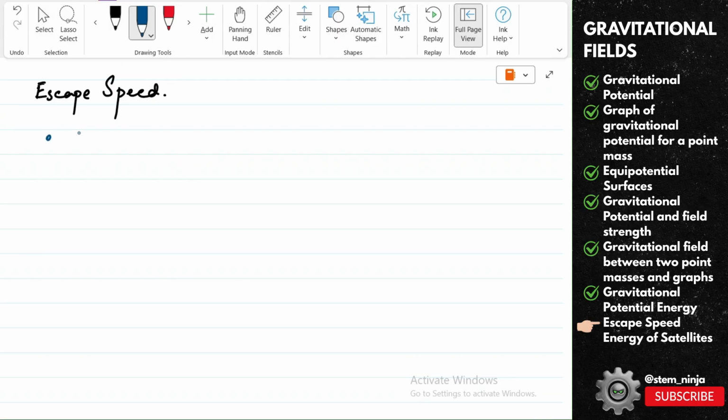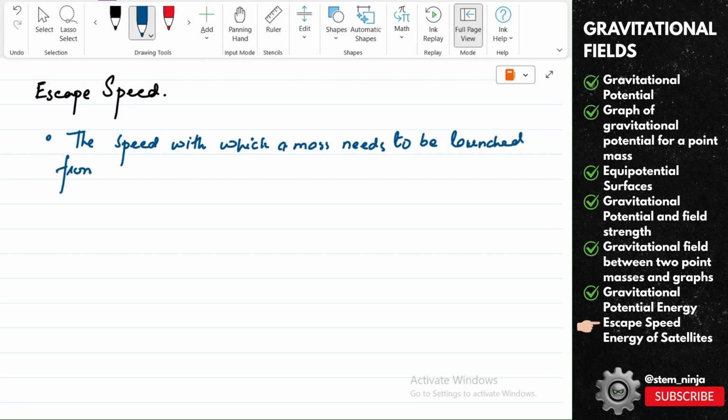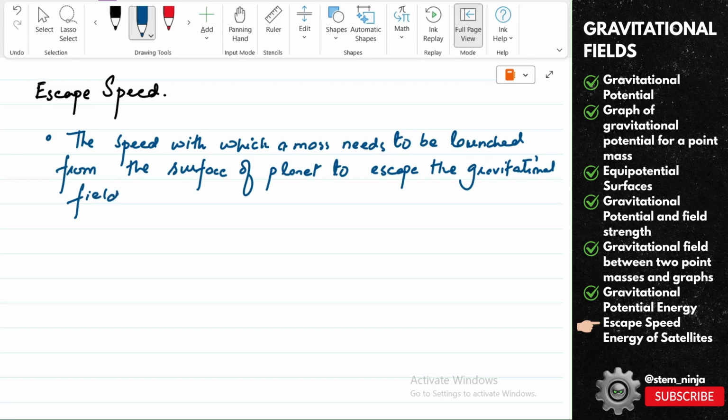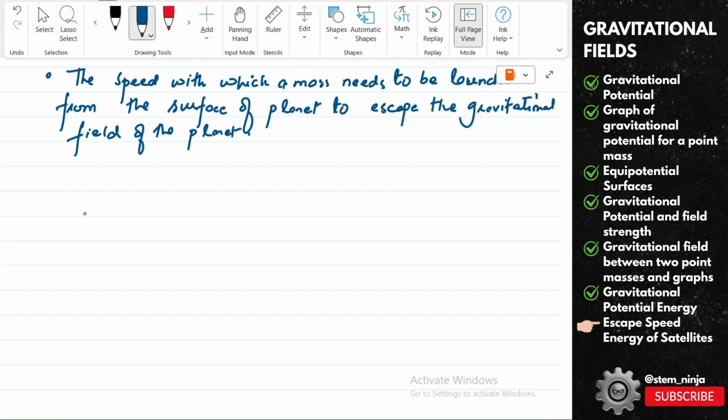So simply put, it is the speed with which a mass needs to be launched from the surface of a planet to escape the gravitational field of the planet. So let's figure this out. So let's say, for example, there is a rocket over here and it needs to go from the surface to infinity.